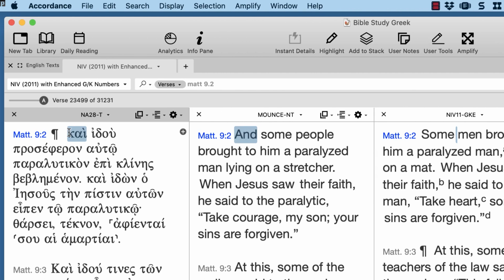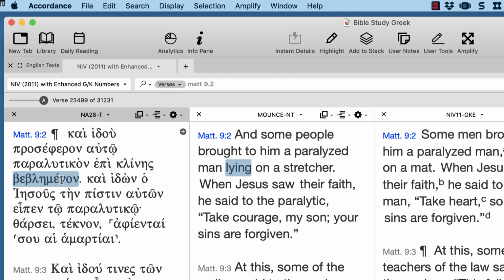So going back over to the Greek, we can see, and behold, some people brought, and then if we said a paralyzed man to him lying on a stretcher, who's lying on the stretcher? Well, again, in Greek, we know it's the paralyzed man who's lying on the stretcher.